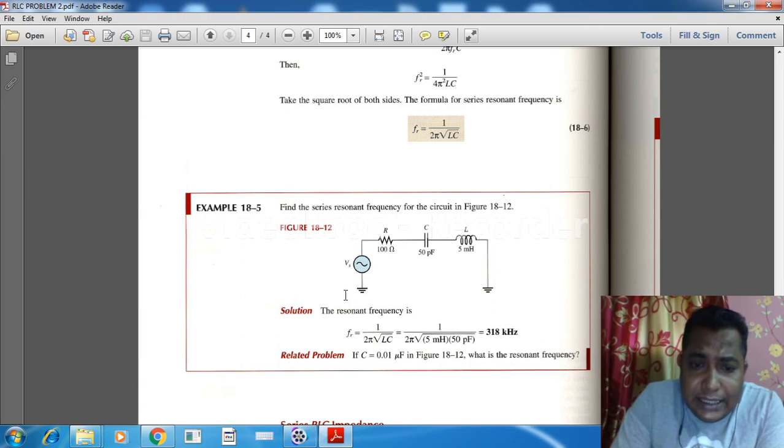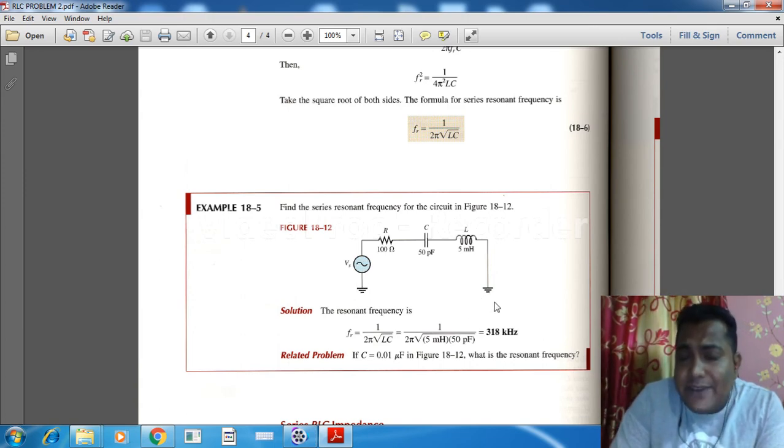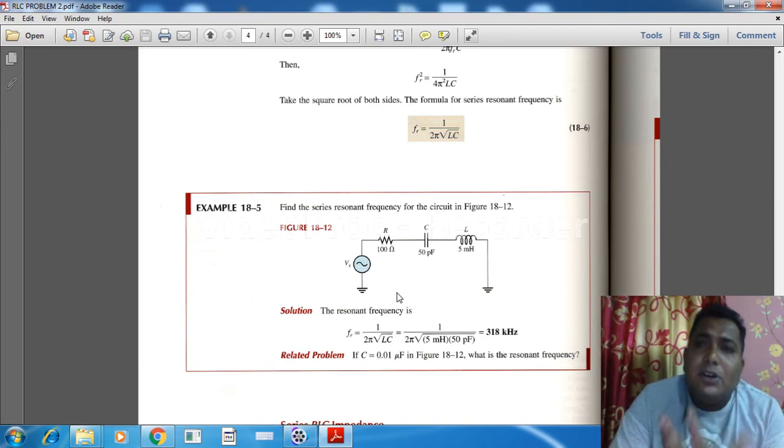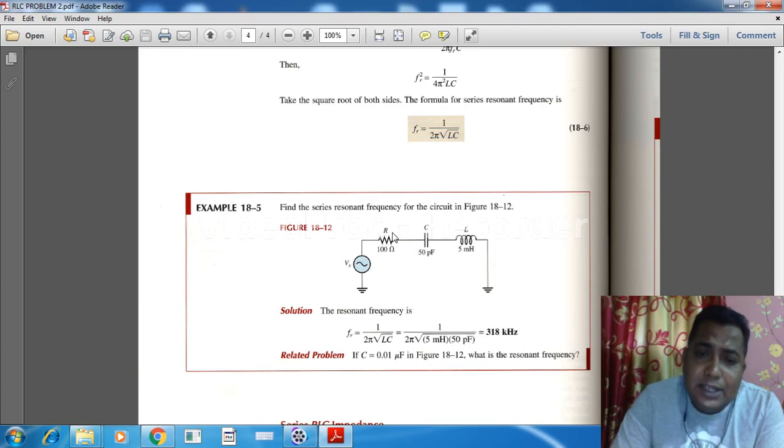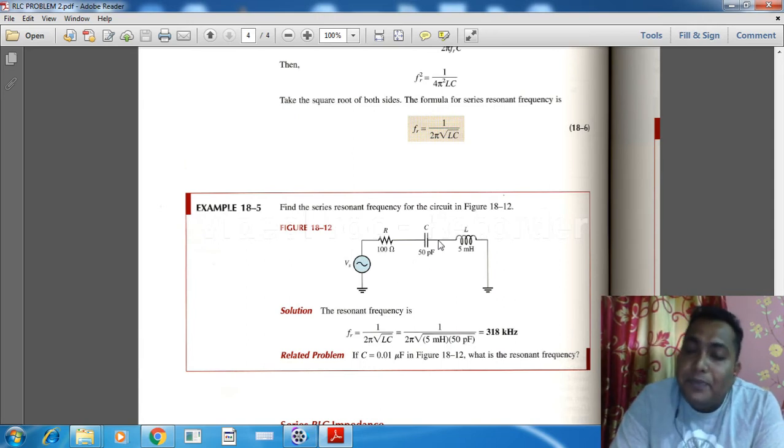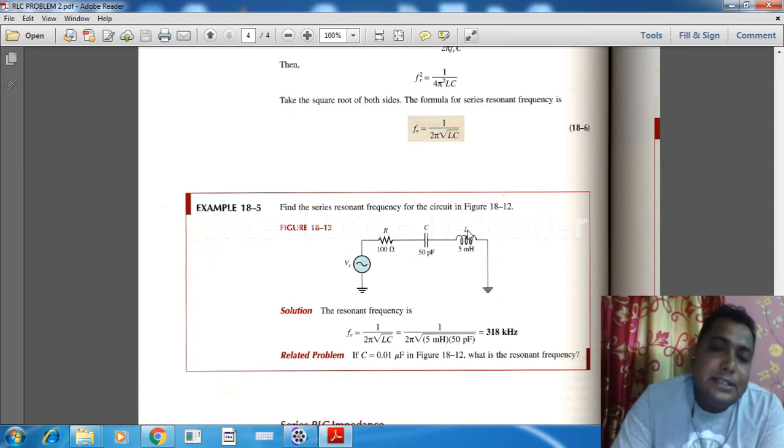Both sides there is a ground. What is the significance of this? It shows us a complete circuit. Without ground, it is not a complete circuit. There is an AC source Vs, there is a resistance R of 100 ohm, a capacitance C of 50 picofarad, and an inductance L of 5 millihenry.